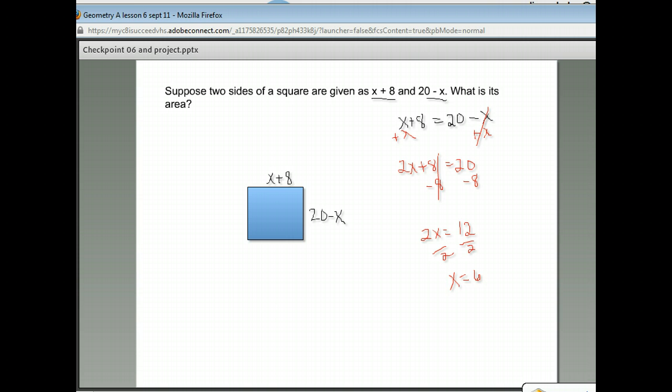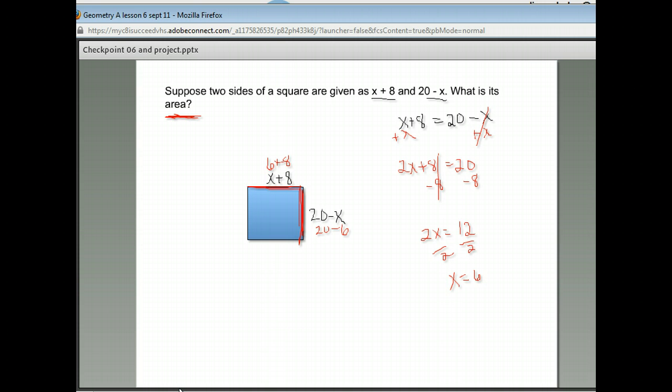Okay. They want to know what's the area of the square, so we need to know the length of one side of this square. So first we had to figure out what x was equal to, and now we can go put that back in. So this would be 6 plus 8, and this one is 20 minus 6. They should come out to be the same number.